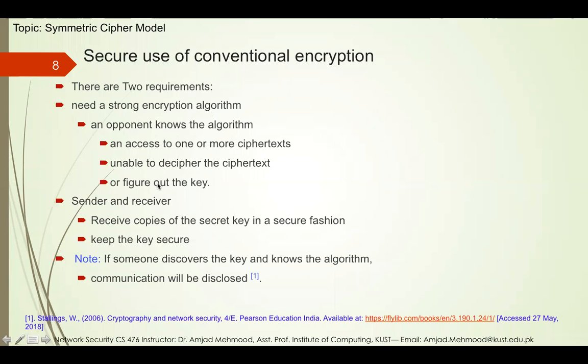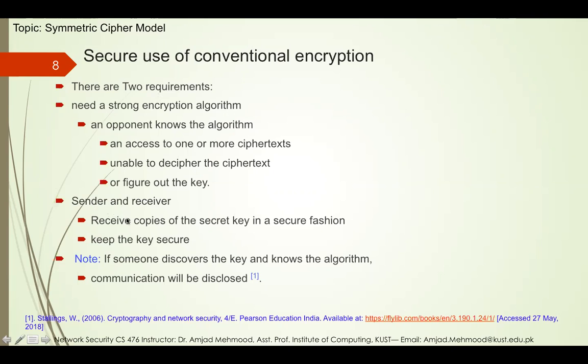This is the key requirement, because if you know the algorithm, an intruder or a cryptanalyst can know that algorithm as well. So knowing that algorithm and knowing one or more ciphertexts, he is unable to break the confidentiality of your message. So this is requirement number one.